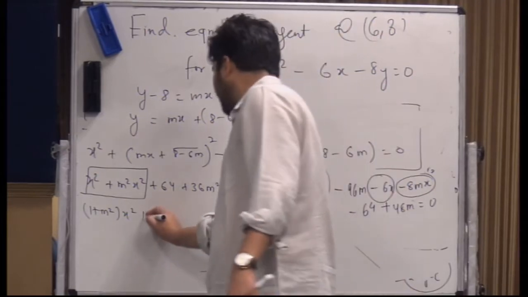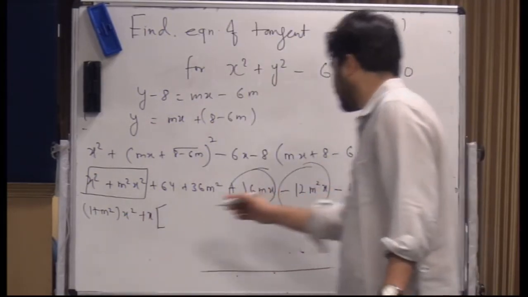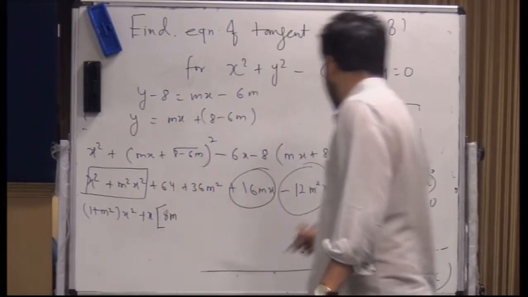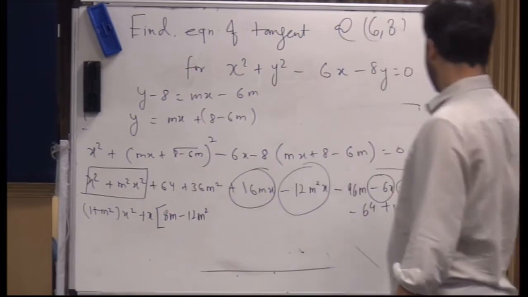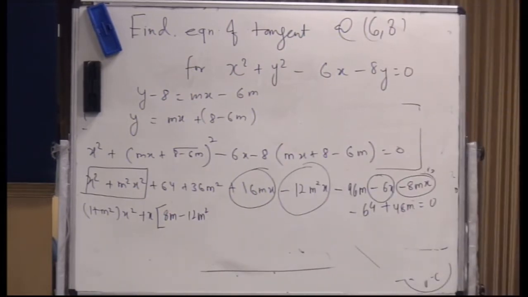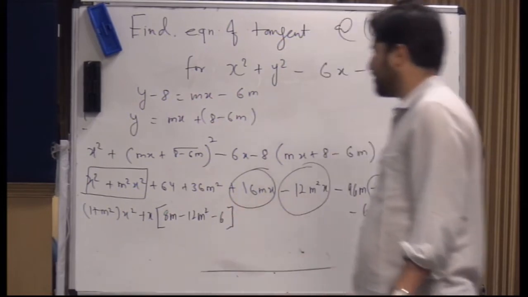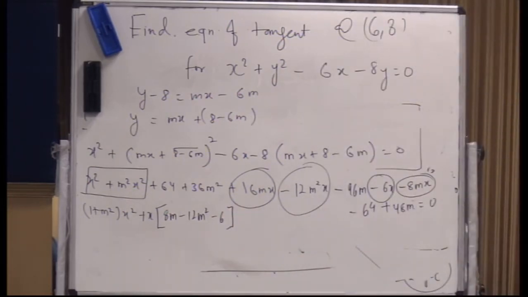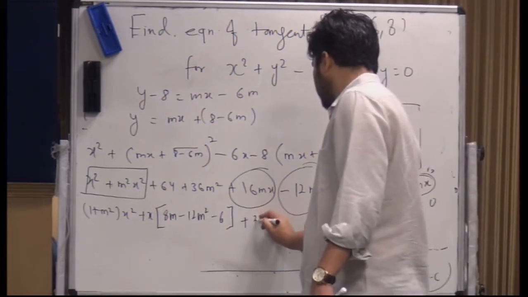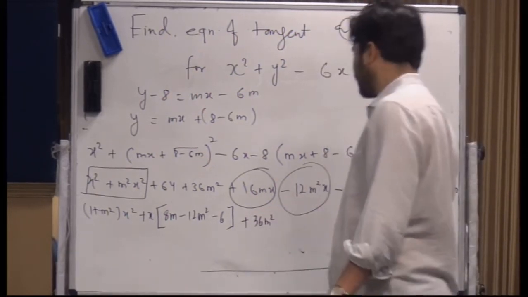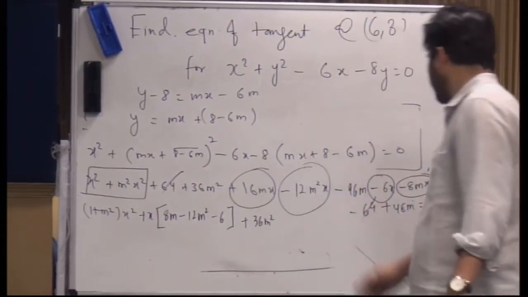If I take x common in the bracket, you will get 16mx minus 8mx is 8m, and this is going to be minus 12m square, and minus 6x. Right? This is all you got. And the constant is going to be 36m square, the 64 gets cancelled with 64.